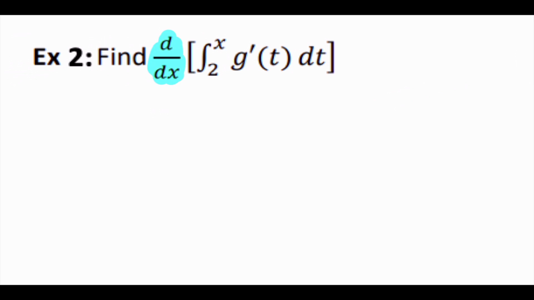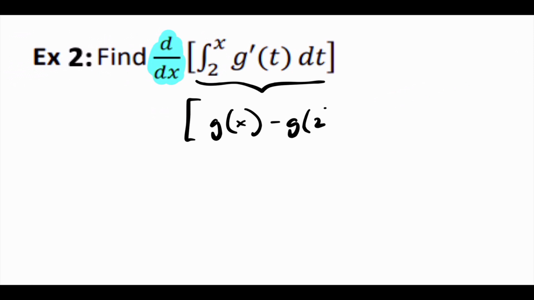Okay? So what was the answer we just got? The answer we just got was g of x minus g of 2, right? That's the answer we just got because the inside is the same as what we just saw. Now what this is asking to do is find the derivative of that. Okay?